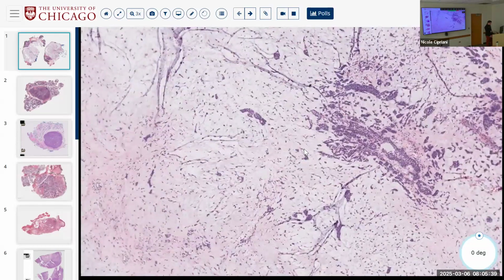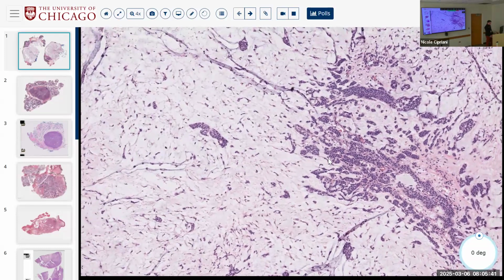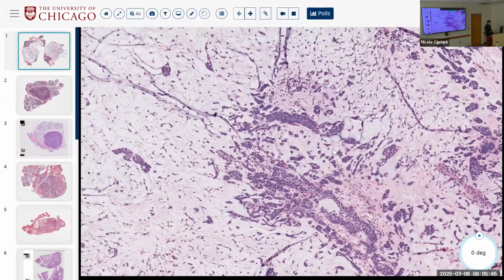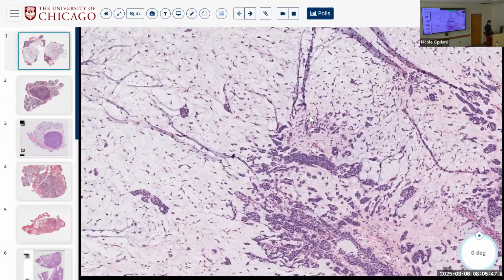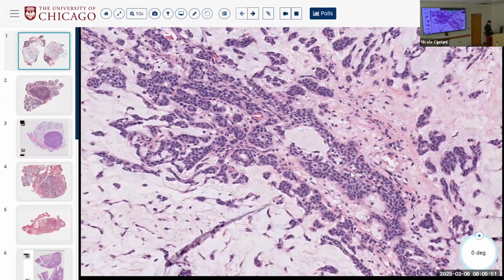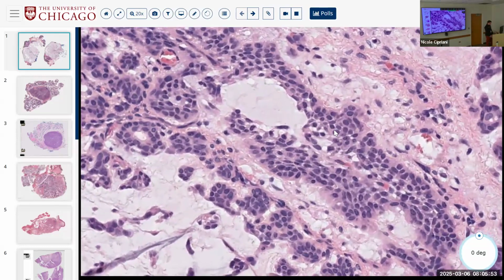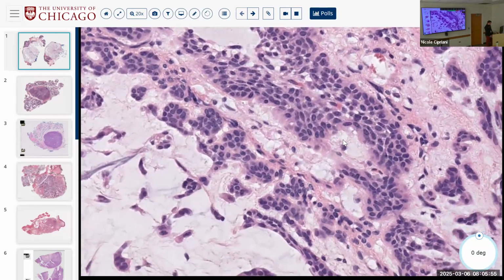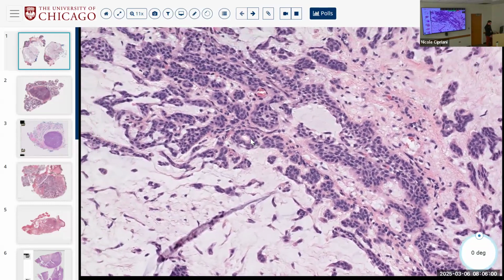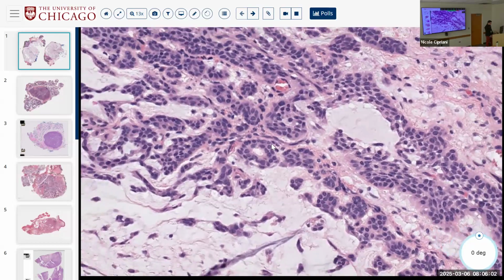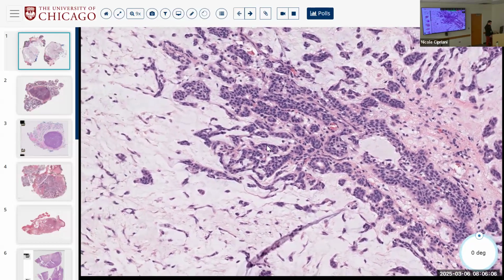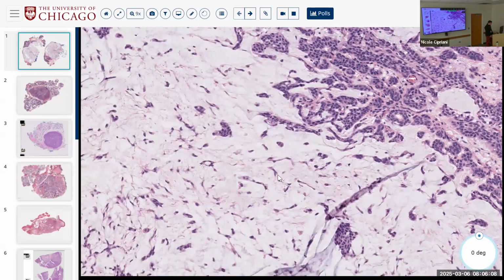Okay. So zooming in, sides, all the myxoid stroma, that's sort of paucicellular. We have ductal. Yes. Yep.